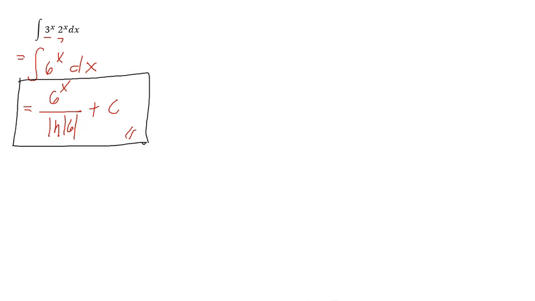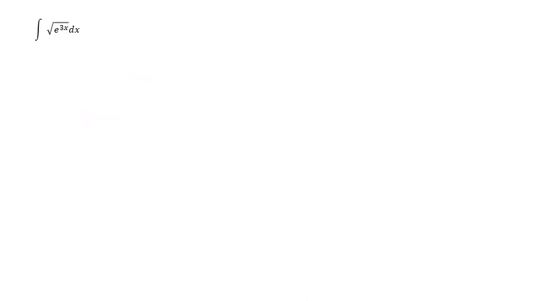Now let's move on to this example. We have the integration of the square root of e raised to 3x dx. Again, to make it easier to understand and integrate, we could change the radical symbol to exponential form.